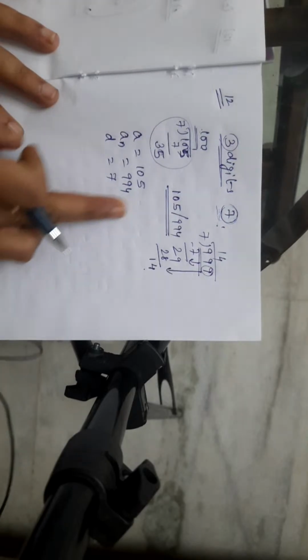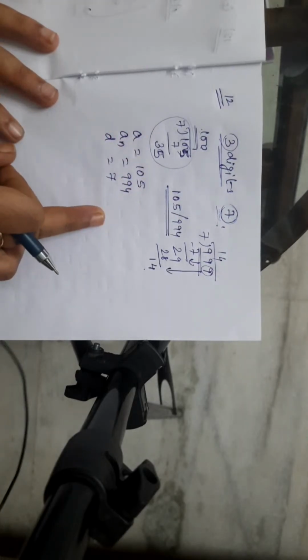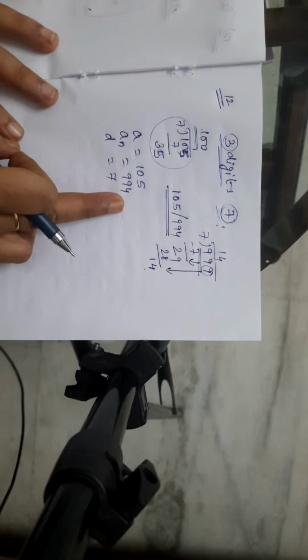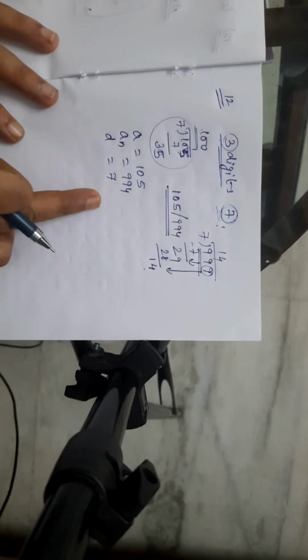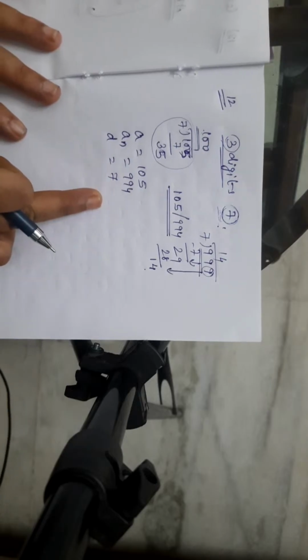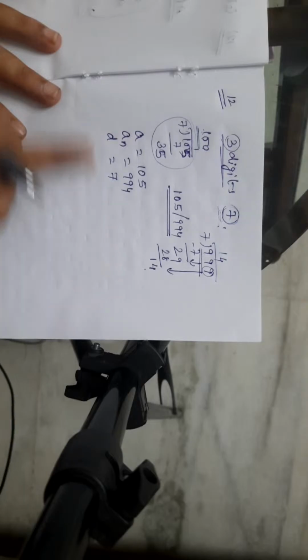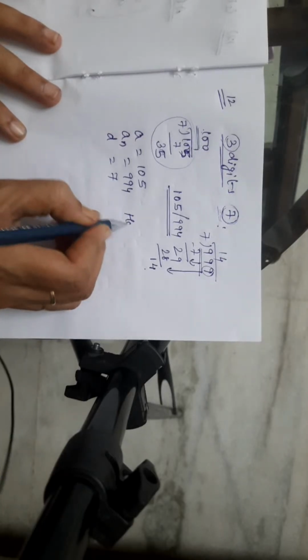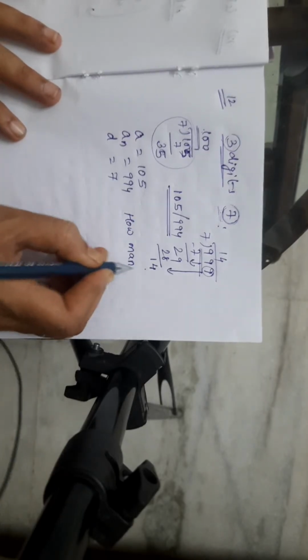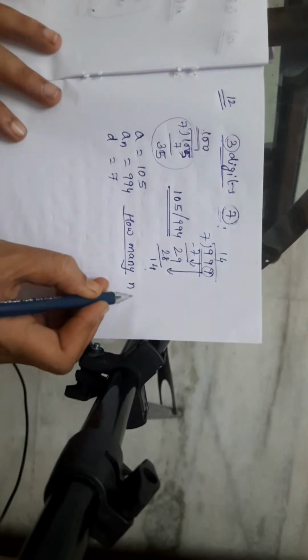These are the 3 things we need in an AP: the first term, the last term or an, and the common difference. We have all 3 values here. After getting them, we can find how many numbers there are. When they ask how many numbers, the term is being asked. So n is the question mark.